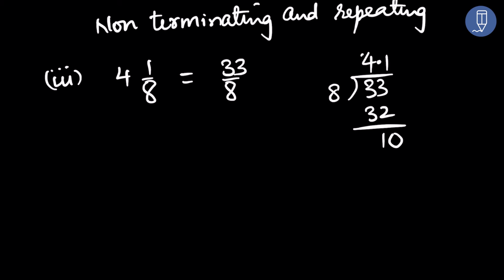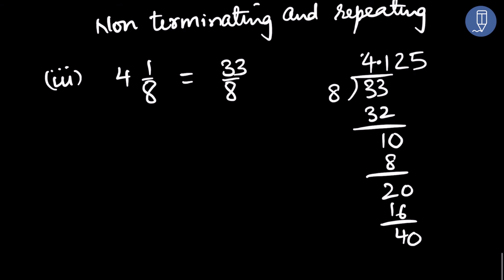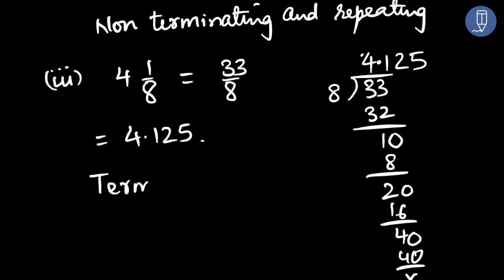Now 8 into 1, 8. This becomes 20. 8 into 2 is 16. This becomes 4. This becomes 40, 8 into 5, 40, and the remainder is 0. So the moment you get remainder 0, the process stops. So this becomes 4.125. It has stopped. So this is terminating. Clear? Now we do next part.